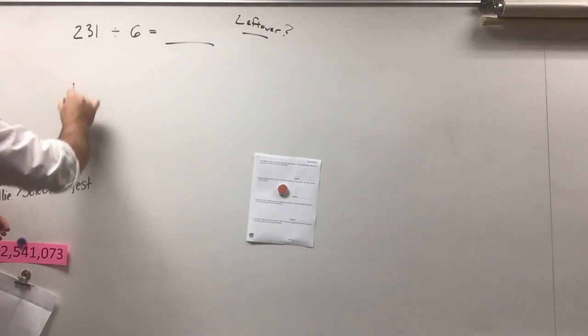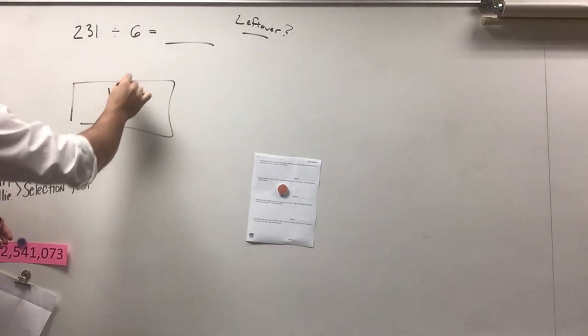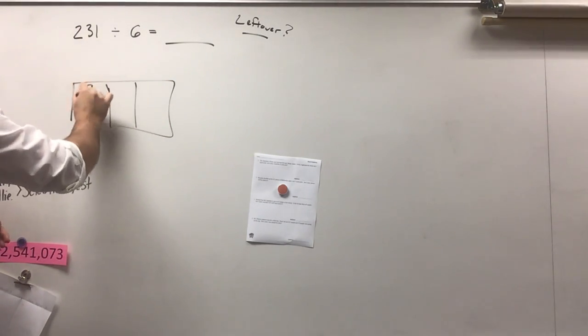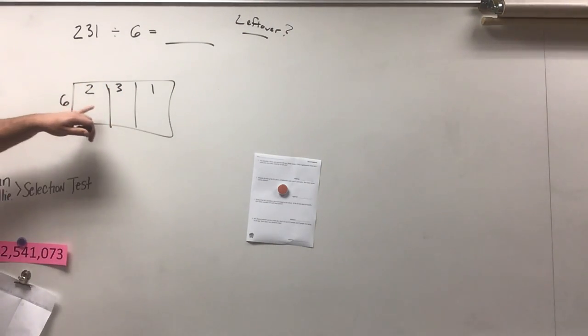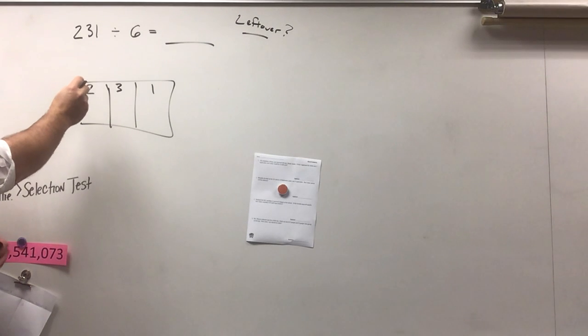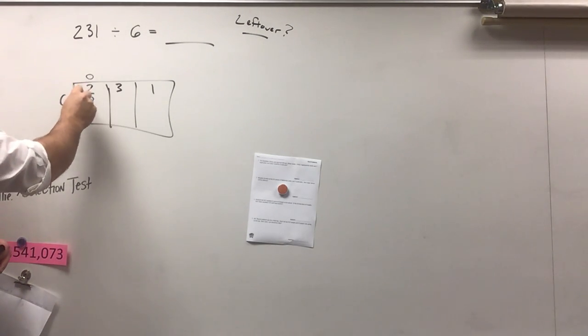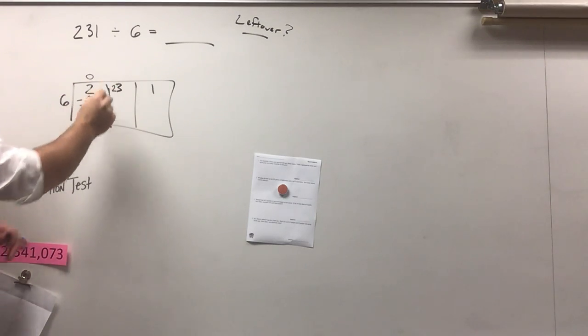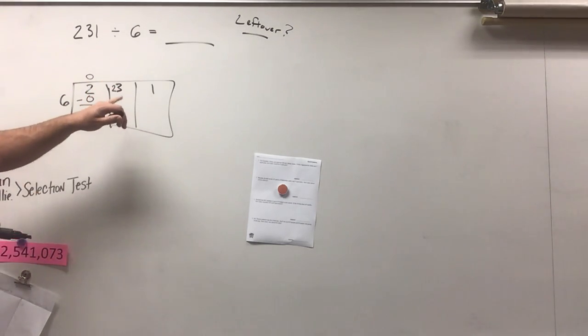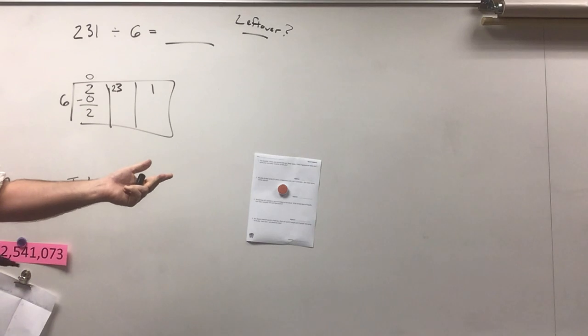All right, so 231. I've got 3 boxes, because I have a 3-digit number, 231 divided by 6. Does 6 go into 2? No, it does not. So I get a 0 here, 0 here, subtract. I got 2, 2's less than 6, I'm going to bring it up. Count by 6s up to 23: 6, 12, 18.